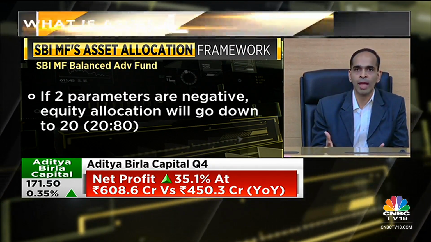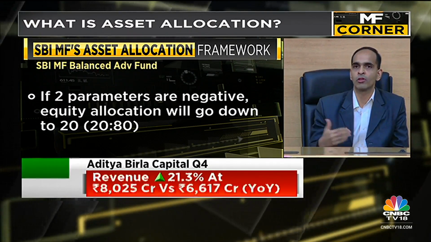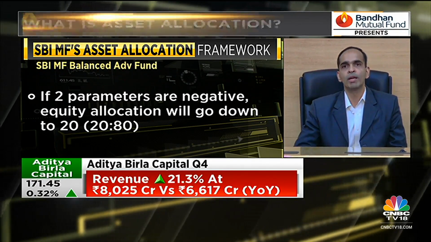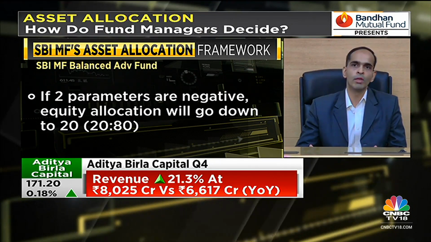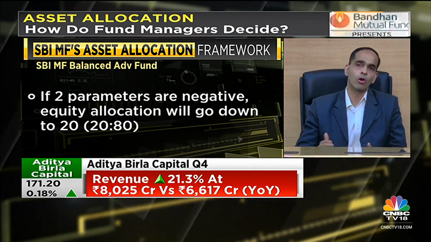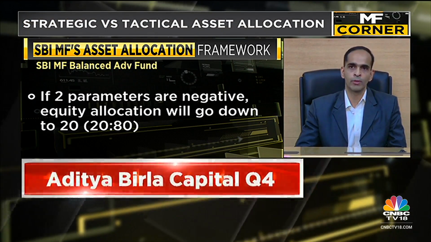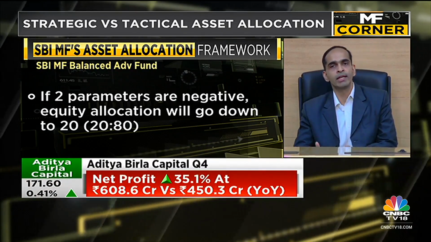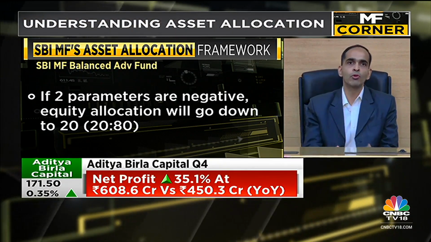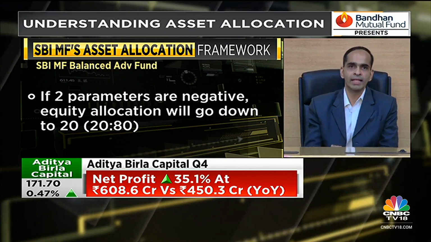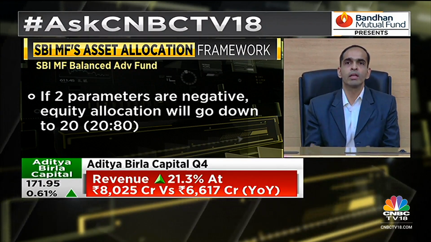Now, this probably will happen once or twice a decade. So it's not something that happens every year. But if the situation so demands, we will go to either 100% equity or 0% allocation to equities. Then you have the intermediate scenarios where if two parameters are negative, then the equity allocation will go down to 20%.